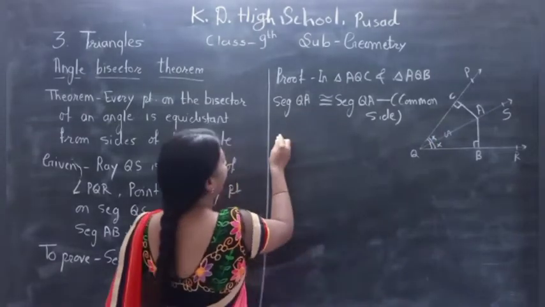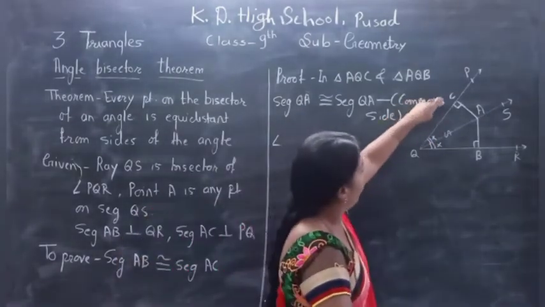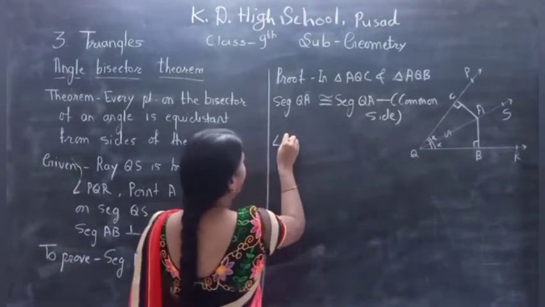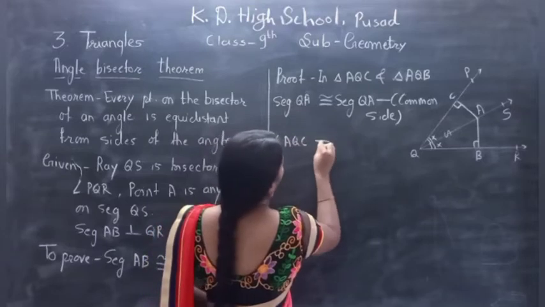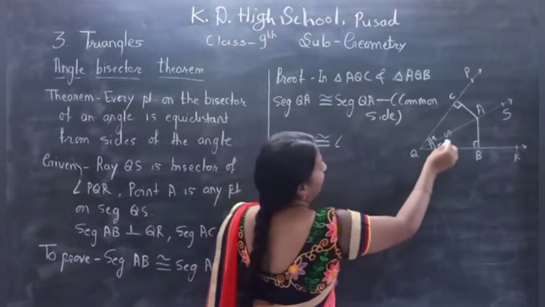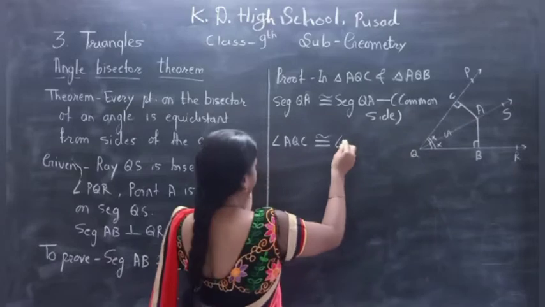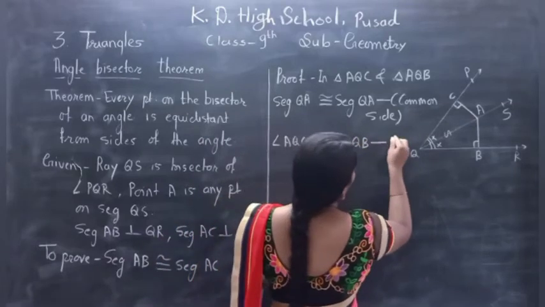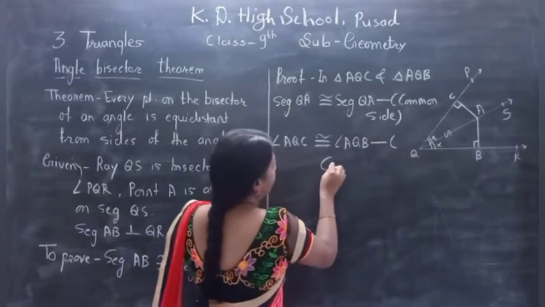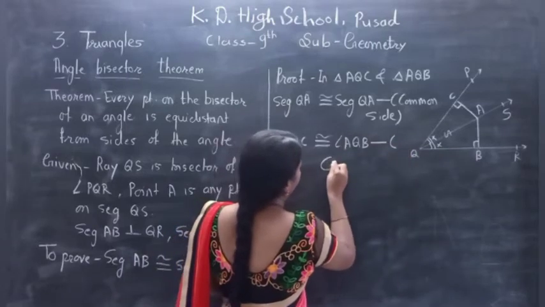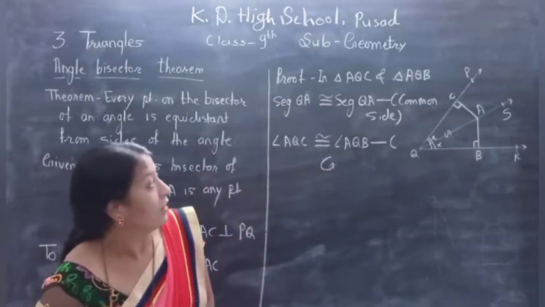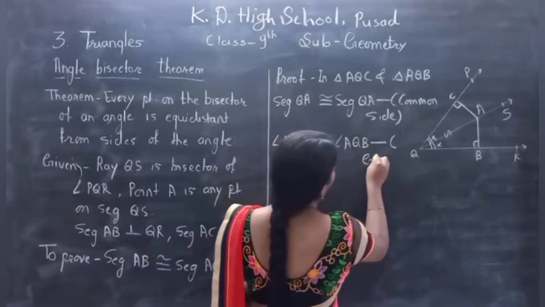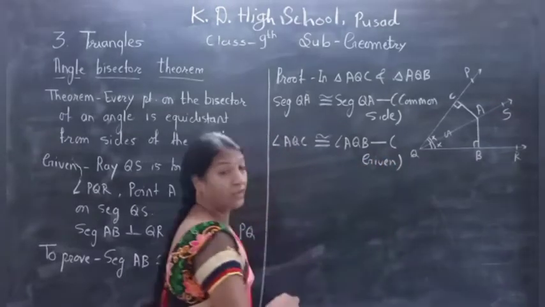So here we write angle AQC congruent to angle AQB, that is given because it is given that QS is the bisector of angle PQR. So here we write given as a reason.